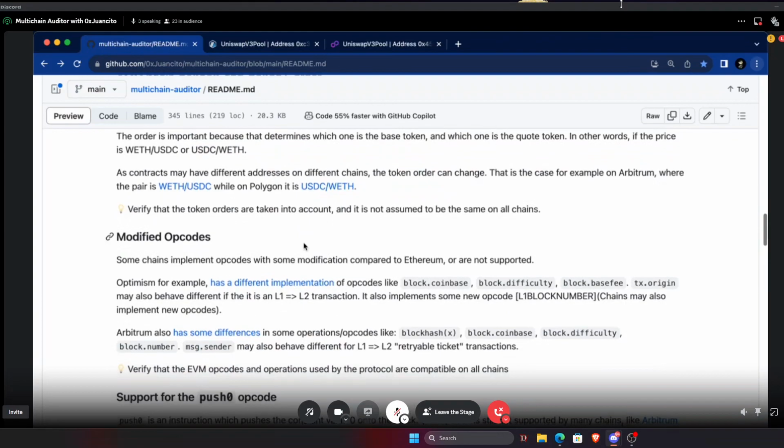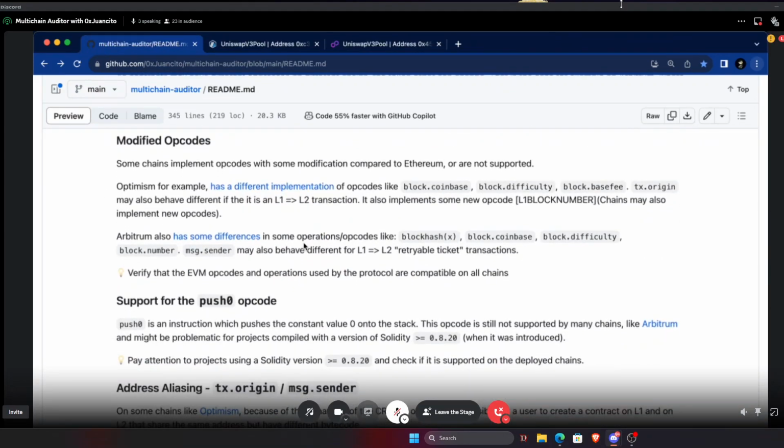Now let's move on to another kind of subtopic. It's about opcodes. We mentioned some with the block number, but block number is not the only opcode that's different on different chains.